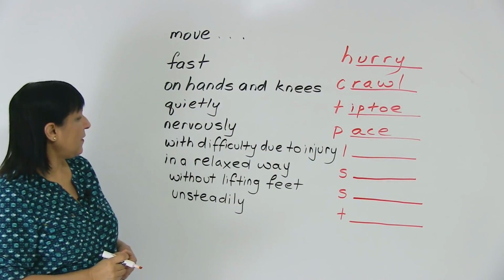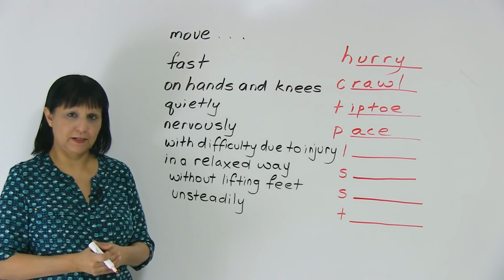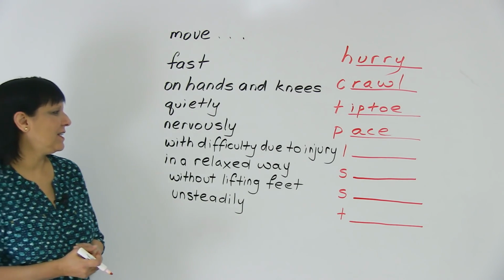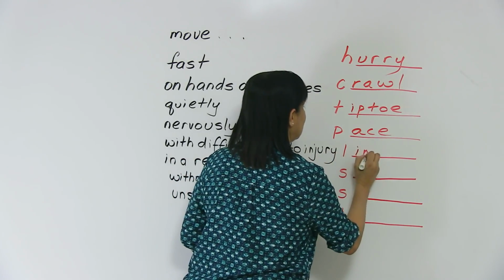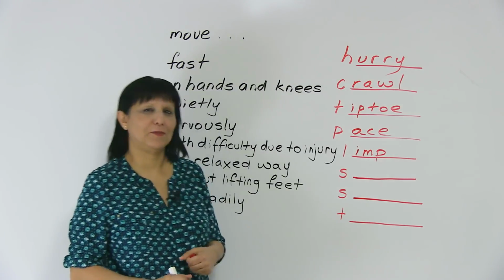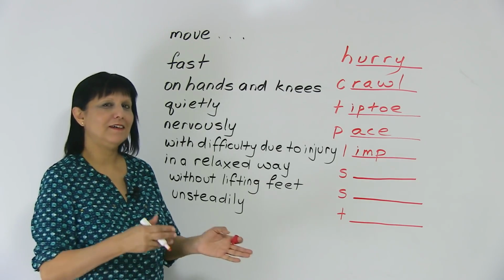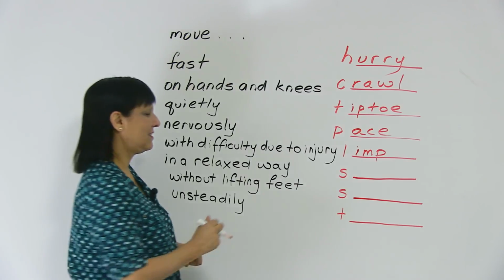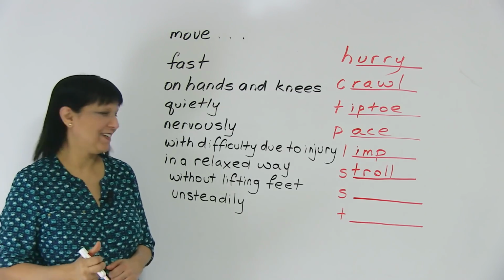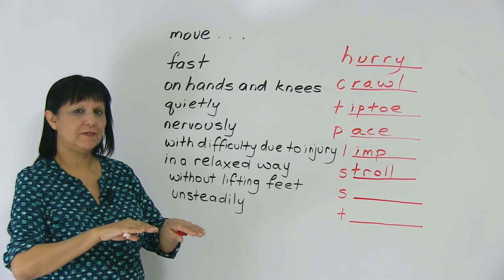Very good. All right. To move with difficulty because you're hurt or due to an injury, like a player, we said, a football player. The word is to limp, okay? He limped along, right? Okay, all right. To move in a relaxed way, like a young couple. To stroll, okay? Very good. To move without lifting your feet very much.